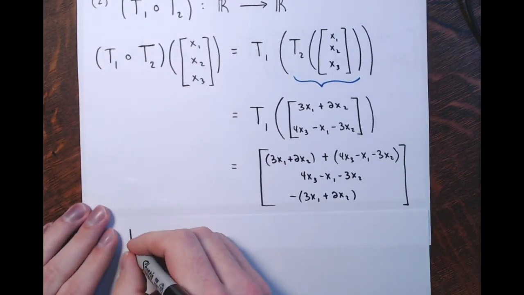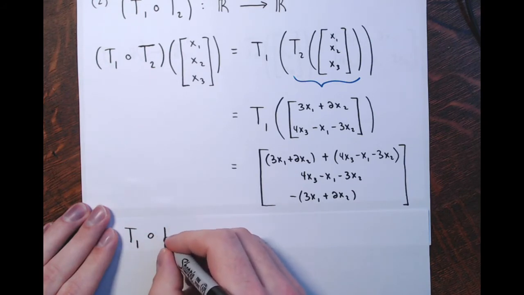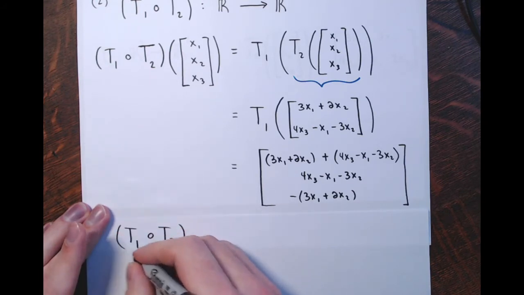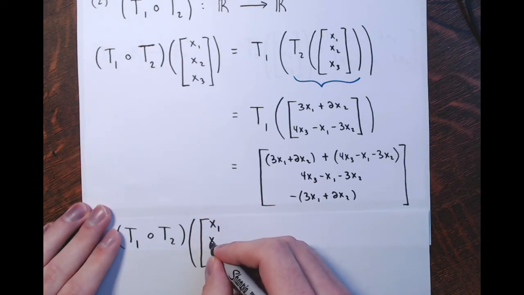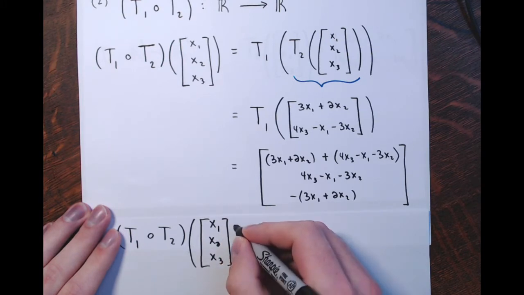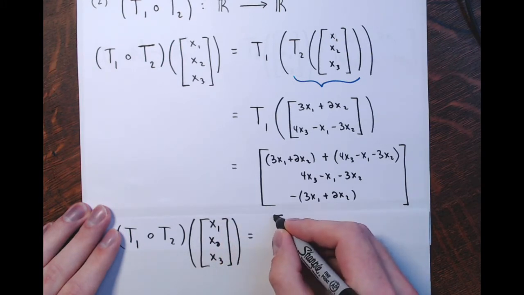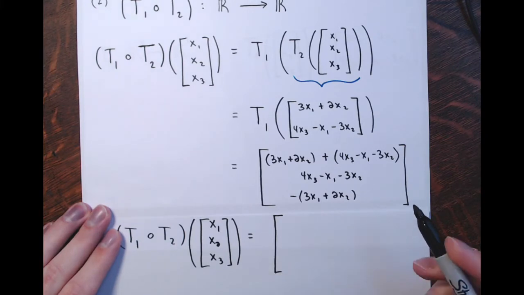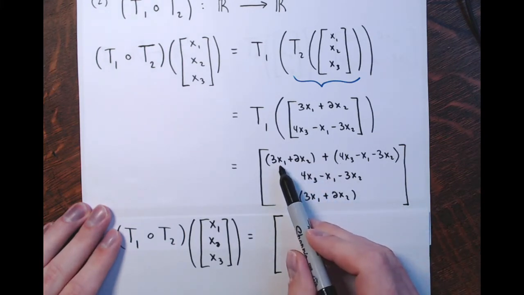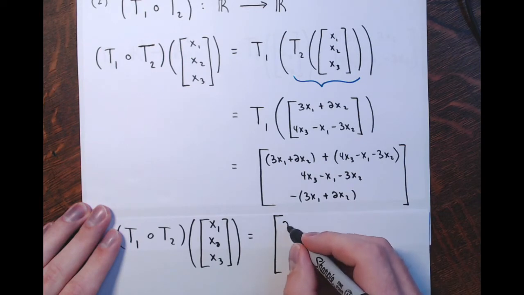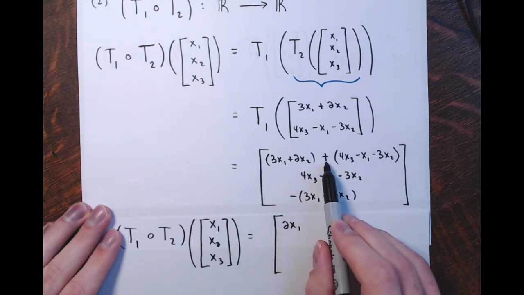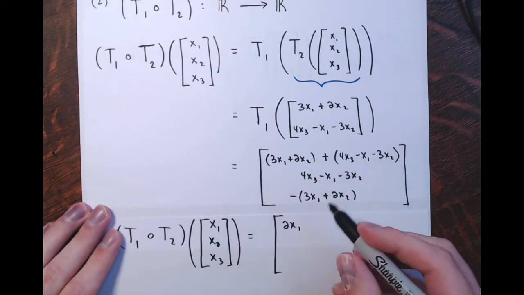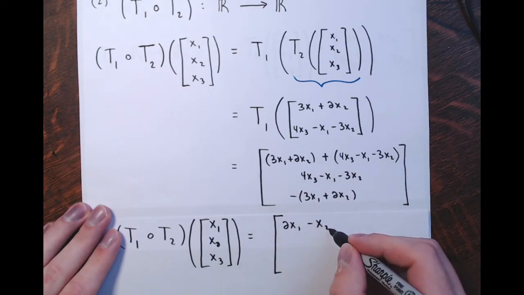So we're getting T1 composed with T2 of some three-component vector x1, x2, x3 gives me the following output, which would be another three-component vector. Here we have 3x1 minus x1, so 2x1. There's 2x2 plus negative 3x2, so minus 1x2.